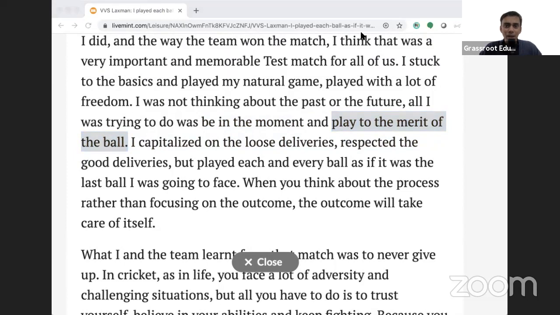When I say merit, it means the quality of that particular delivery, whether it's an easy ball to play or a tough one. So what does he say? He says, "I capitalized on the loose delivery." If he gets an easy delivery, he would hit it for a 4 or a 6. Capitalized means he made use of that opportunity because it's an easy delivery to play.